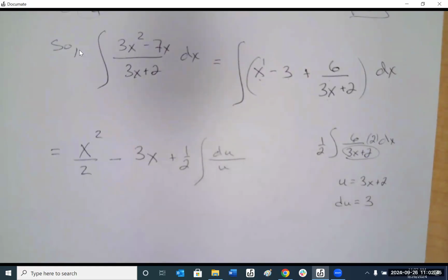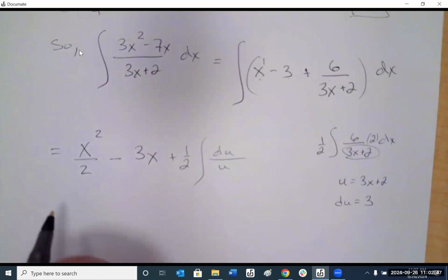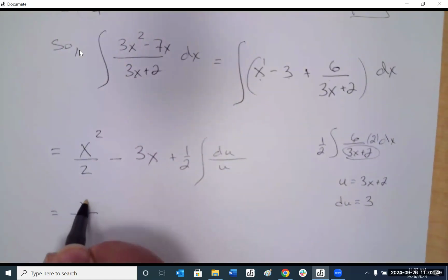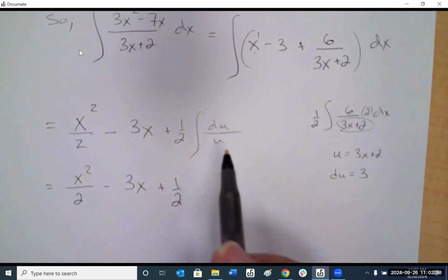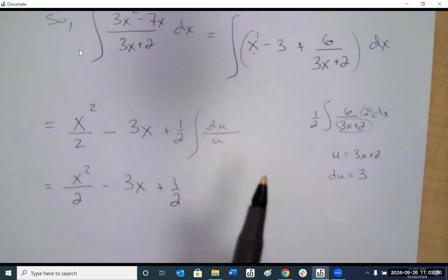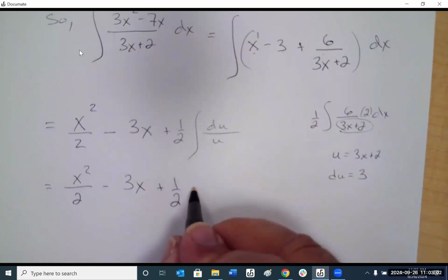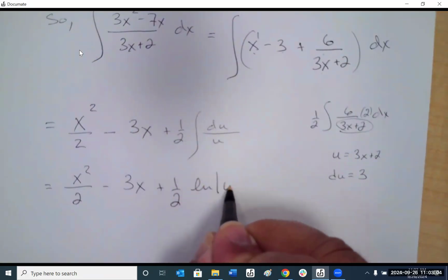What's the integral of du over u? Ln absolute value of u.